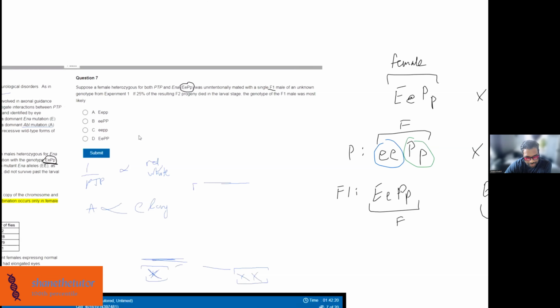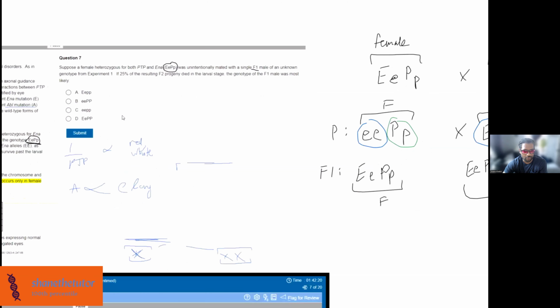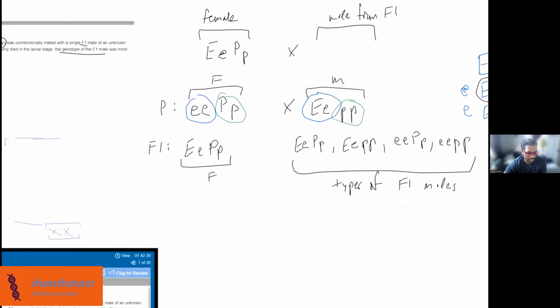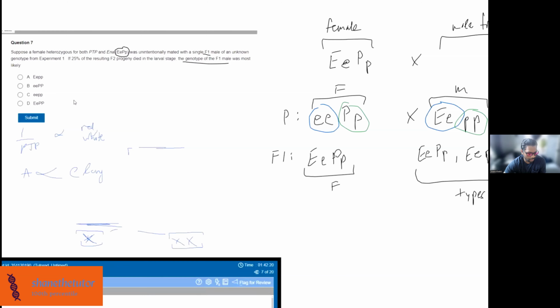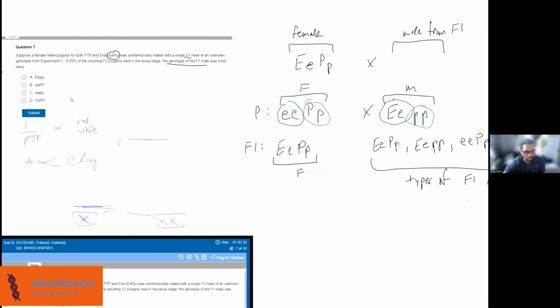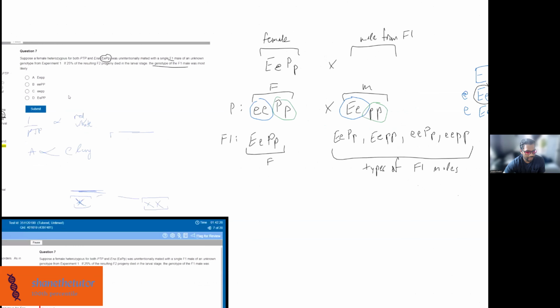Oh, and then also, they're asking for the genotype of the F1 male, right? And we know these are the possibilities for the genotypes of the F1 males. So if you look at the choices here, we can check if these choices are included in what we got for the F1 males. So the first one, big E, little p, little p, we have, right?